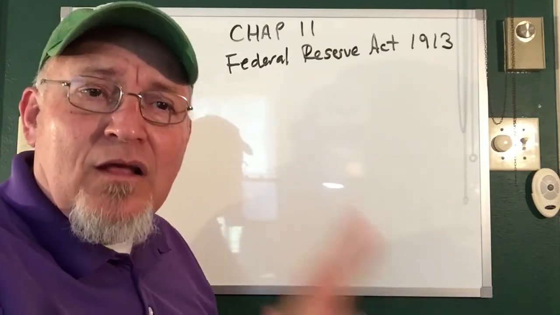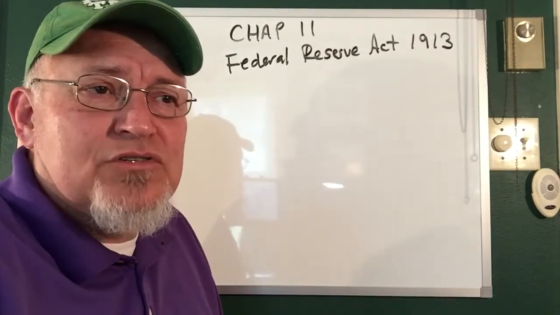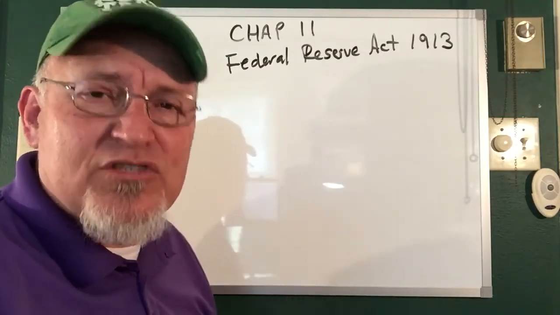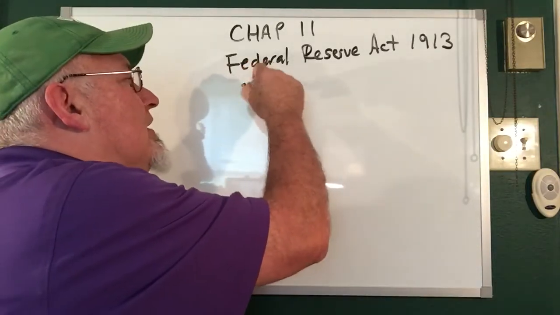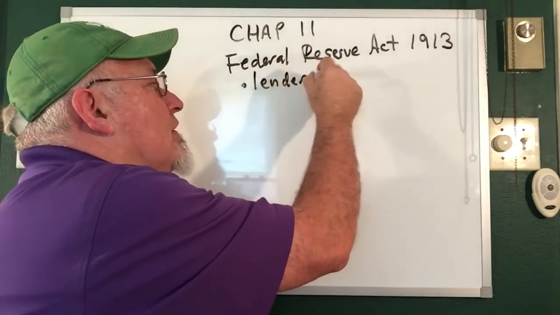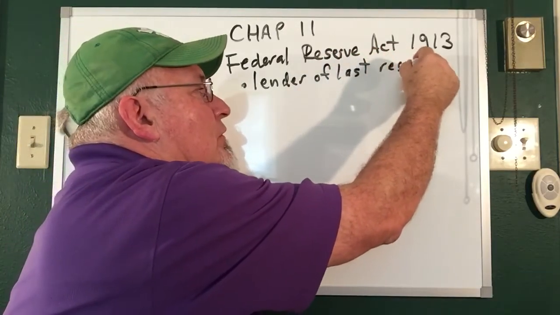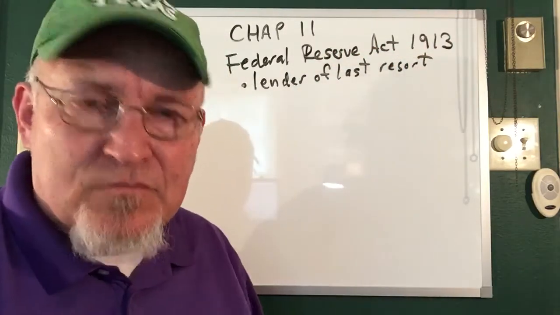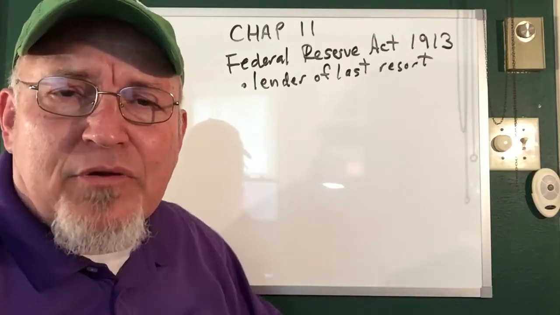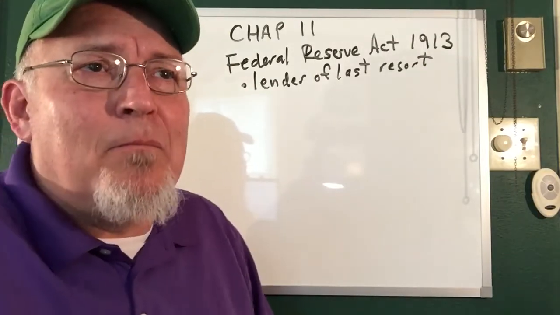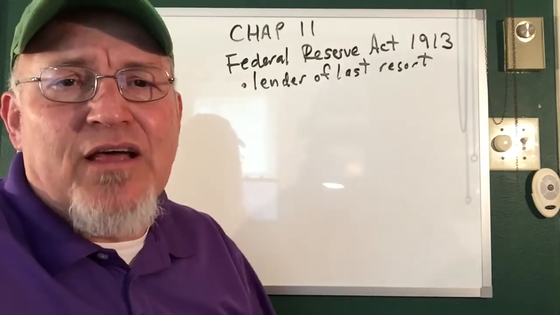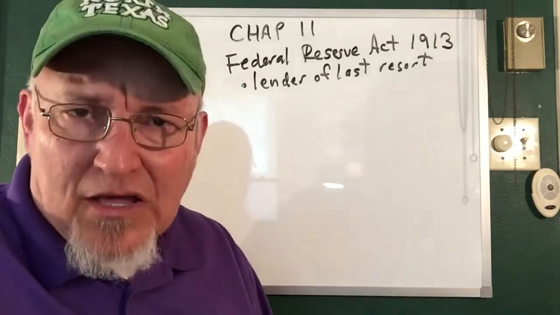Now, when the Federal Reserve System was created, its number one responsibility was to be the lender of last resort. Okay, so recall in a previous video, we defined banks as institutions that accept deposits and make loans.